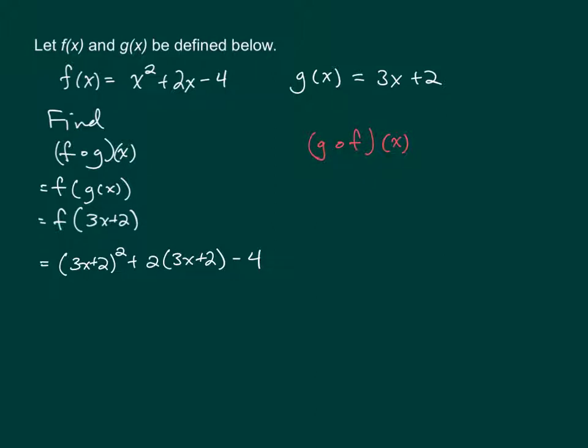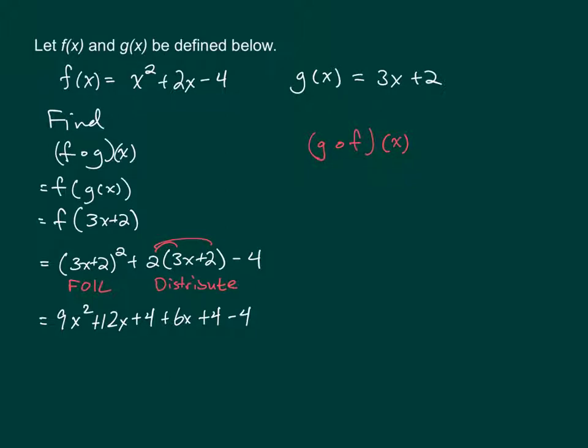The next step is to simplify all of this. You can FOIL that out. You can distribute the 2 to both of the terms inside. And when you do that, you'll see that you get something like this. And now all we have to do is combine like terms.